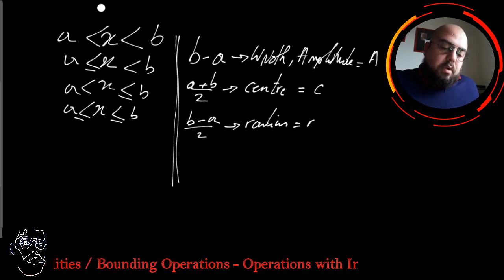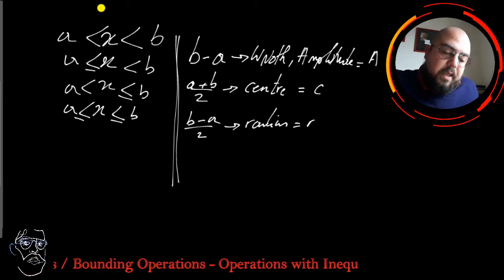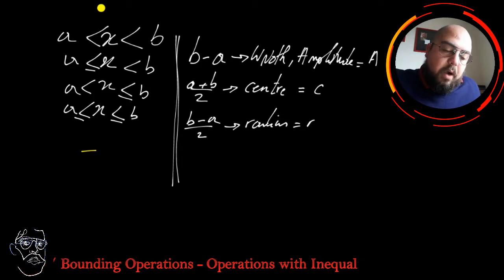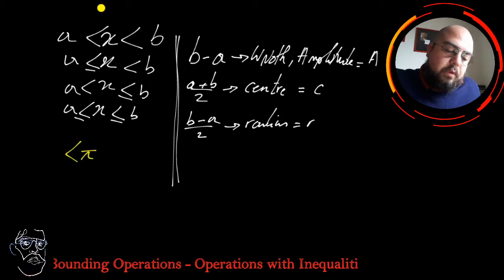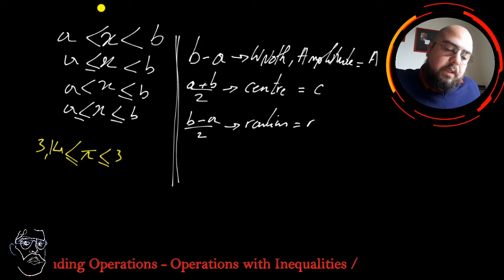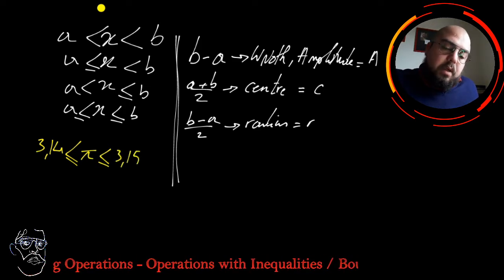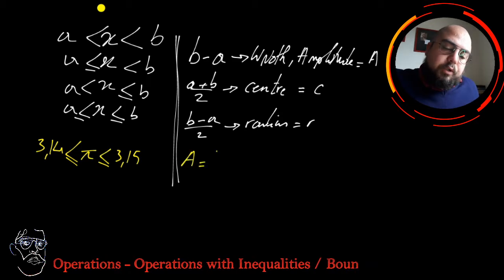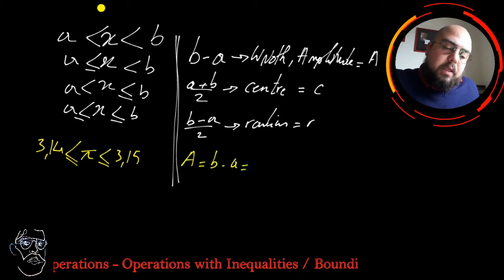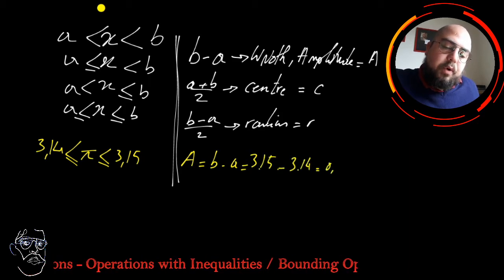So I'm going to take a small example related to this part. Let's say we have pi between 3.14 and 3.15. Now, I'm going to calculate the amplitude A, which is b minus a, 3.15 minus 3.14, so it's 0.01.